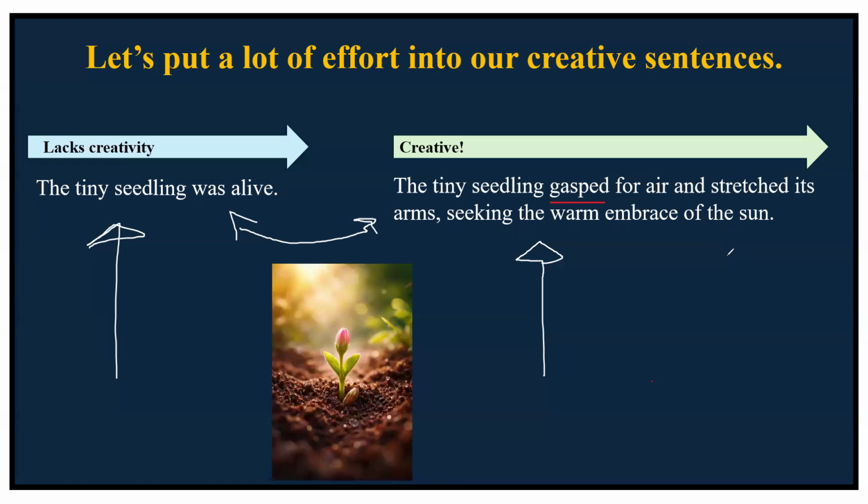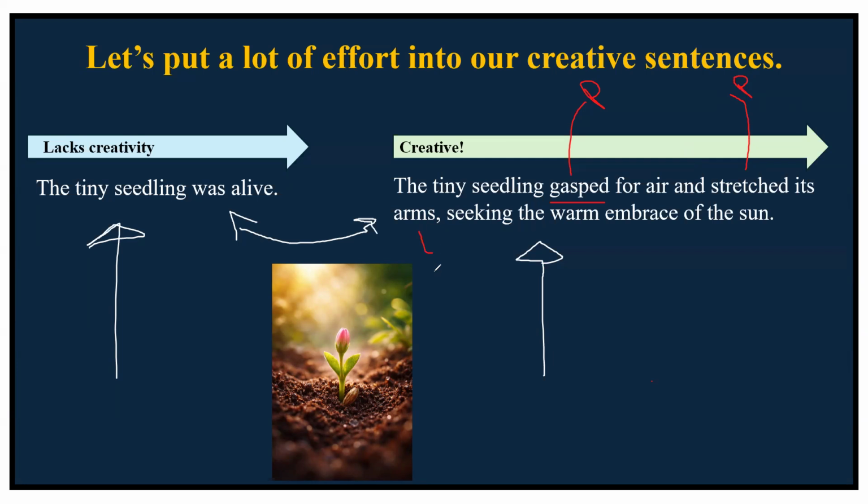Okay, so the first one is gasped because a human gasps for air. Mm-hmm. A plant makes it look like it's a human, and so the same between gasp for air and stretched its arms. And we know that a plant can't actually stretch its arms whenever it wants, but a human can. So that's personification.